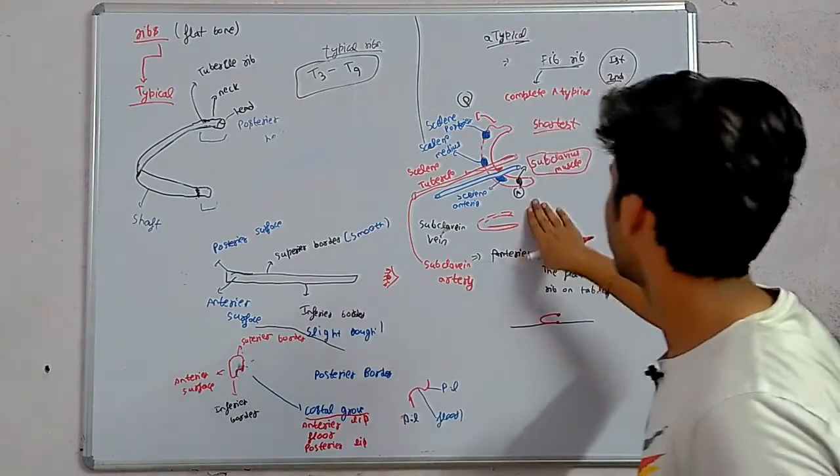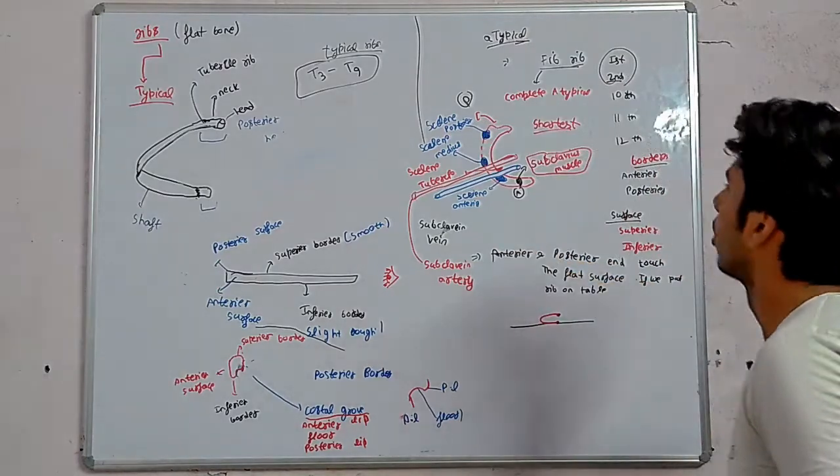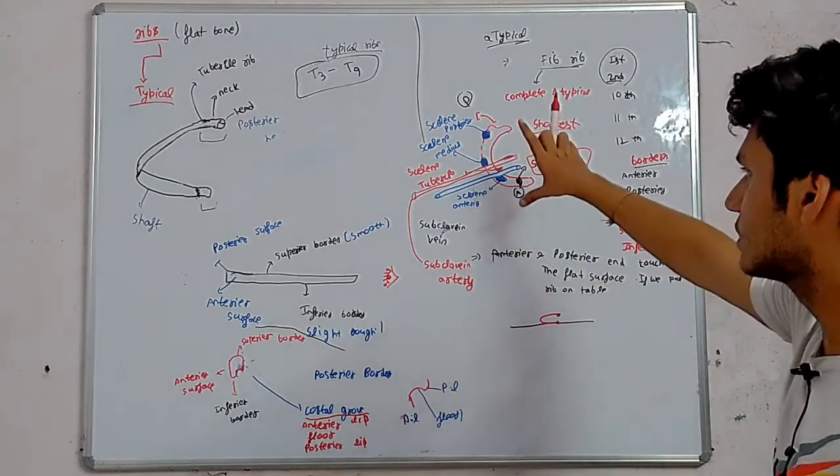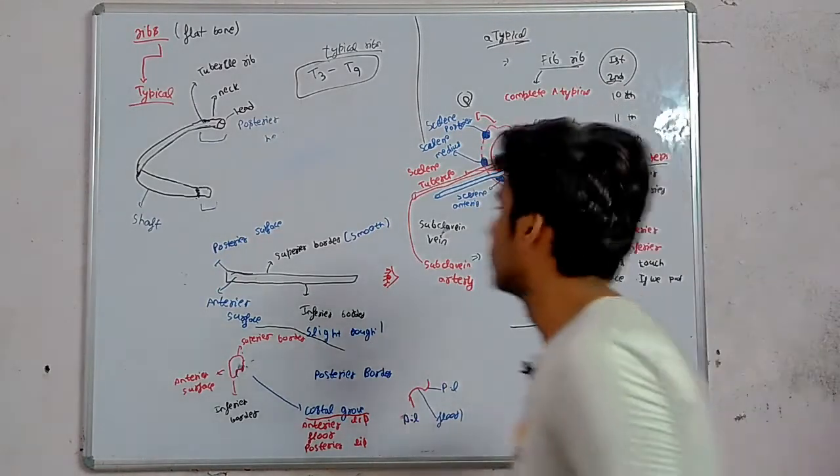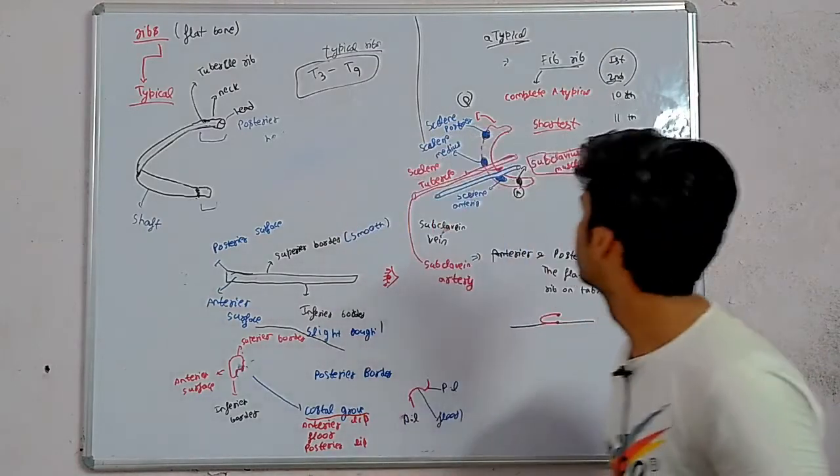So these are the important attachments of the rib: muscles, the scalene tubercle, arteries, and veins.